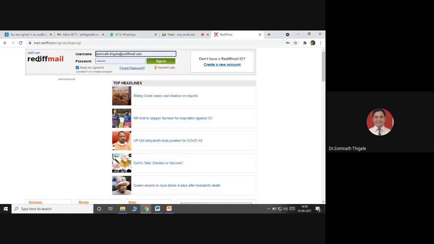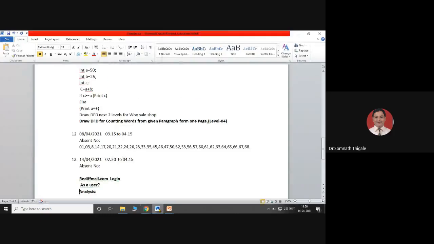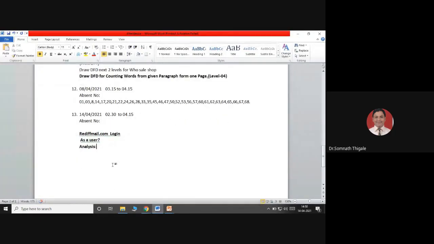I want to perform the login to Rediff mail. This is a simple scenario, but I want to make the documentation for this. Writing the specification for the process is called what? Analysis. So now I just want to perform the analysis for the login.